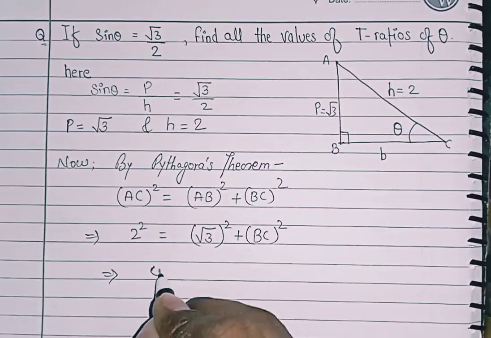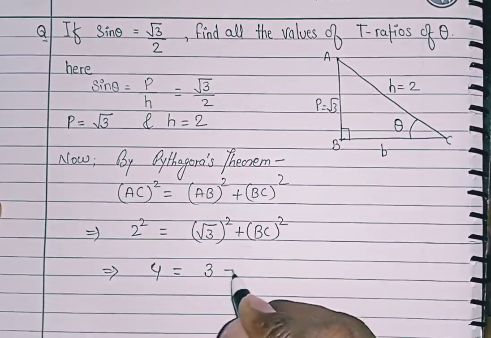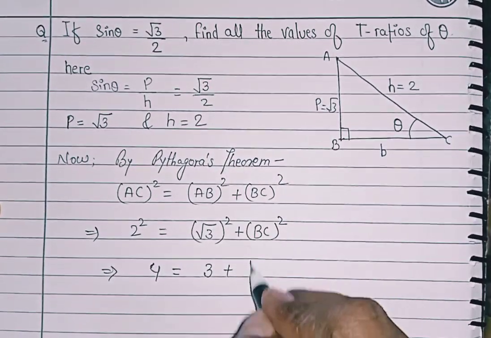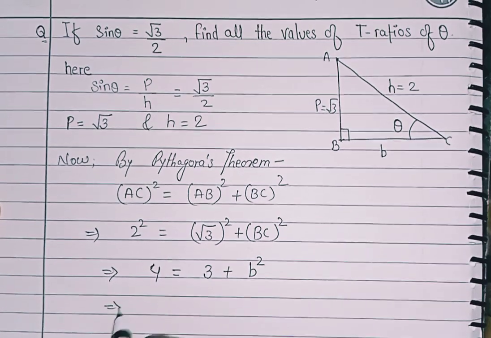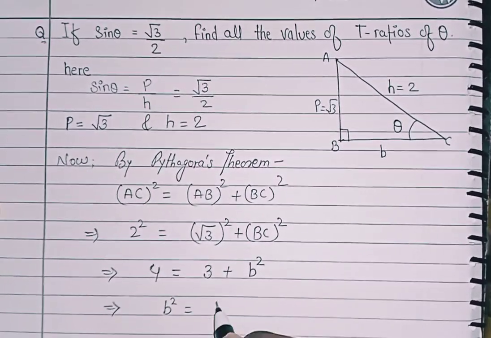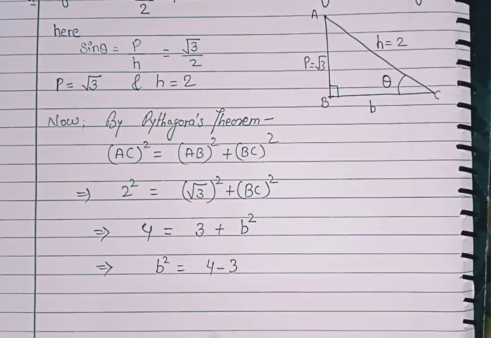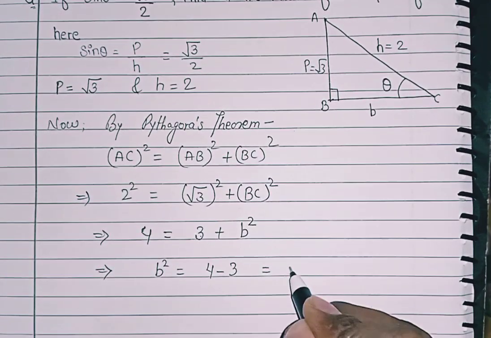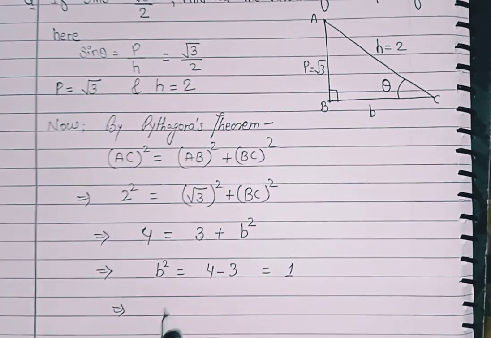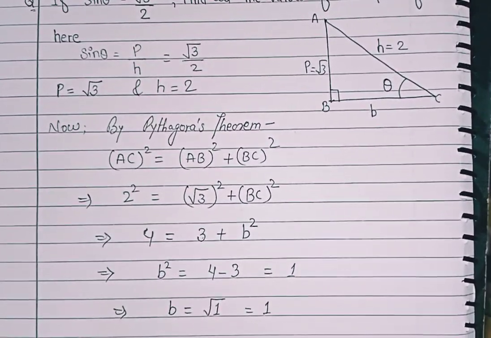Now 2 square is 4, root 3 square is 3, plus BC square. This 3 goes to that side, BC square equals 4, the plus sign changes to minus sign on transposing. 4 minus 3 is 1, so BC equal to root 1, which is 1.